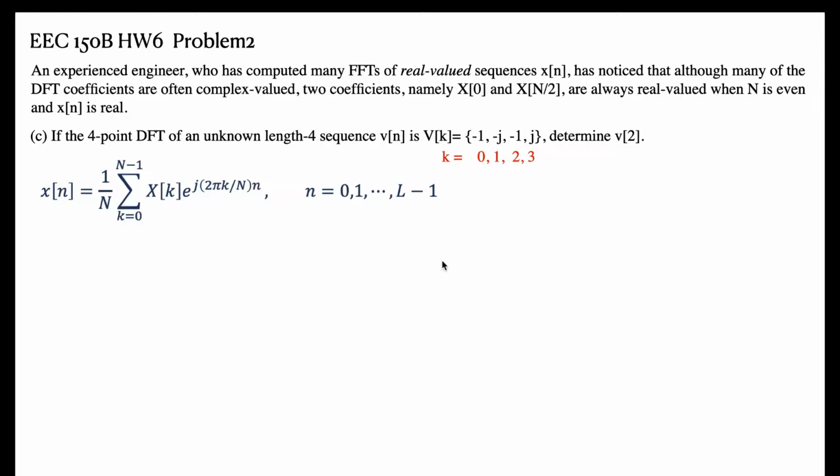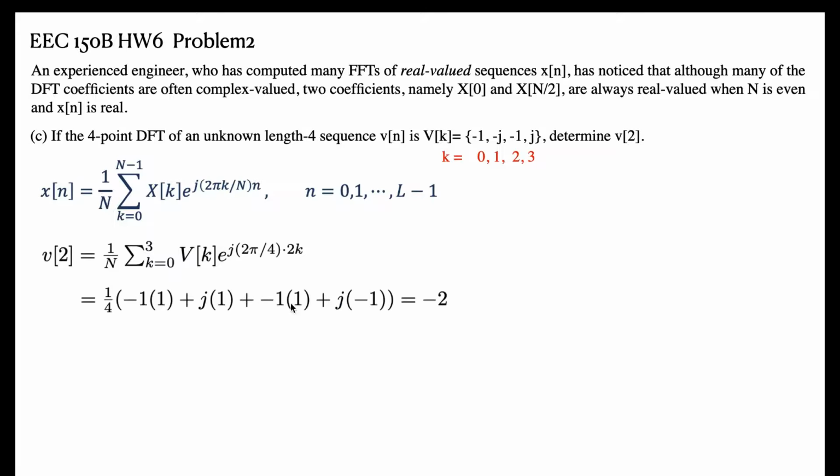So now you have the lowercase n equals 2 and the uppercase N equals 4. Then you can write down v[2] in this form. And by replacing V[k] and k using the problem statement, you can finally get v[2] equals -2.